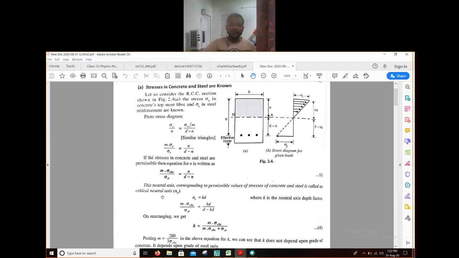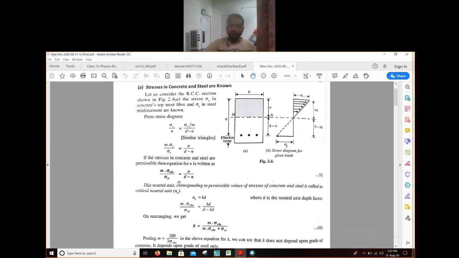The critical neutral axis means when both steel and concrete are at the permissible values of stresses. Permissible means maximum. So if you are considering the maximum value of stress for concrete and steel, whatever neutral axis you get will be known as the critical neutral axis.